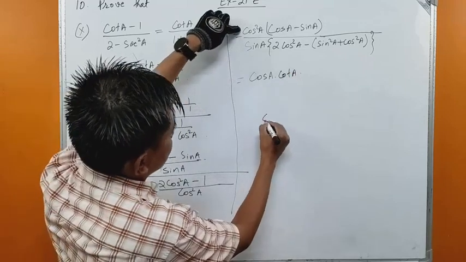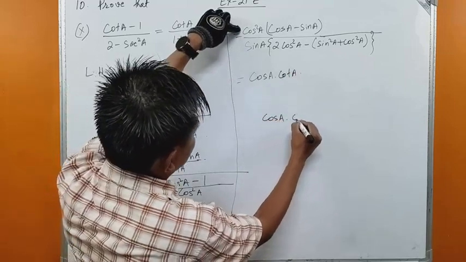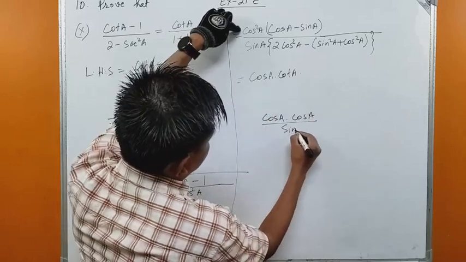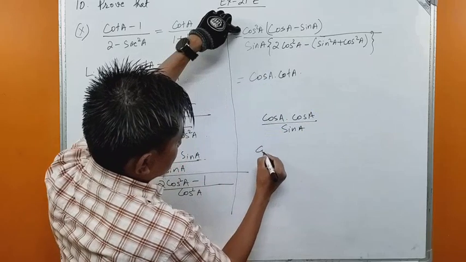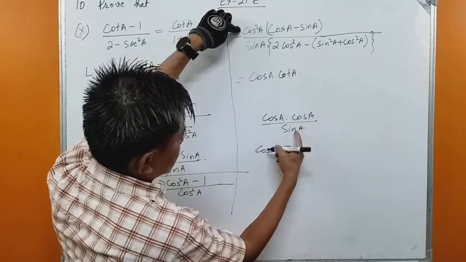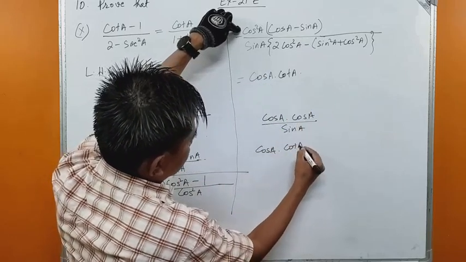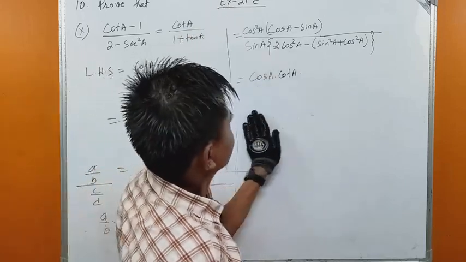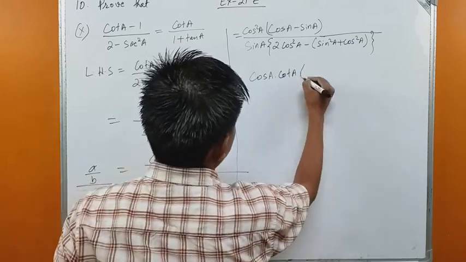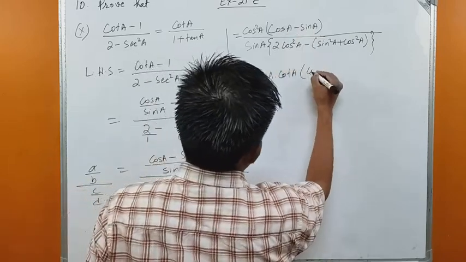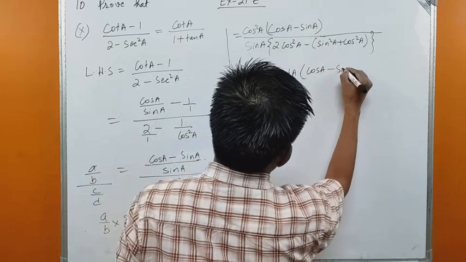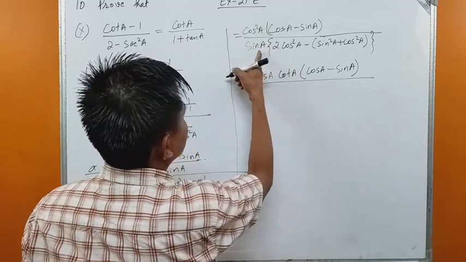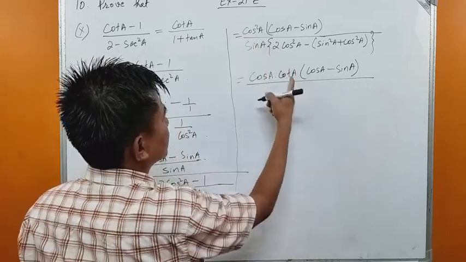Cos square A means cos A into cos A upon sin A. So cos A is this cos A, cos A by sin A is cot A. So cos square A upon sin A means cos A into cot A, into we have cos A minus sin A, cos A minus sin A, isn't it? So here we have this sin A is gone because it became cot A, isn't it?